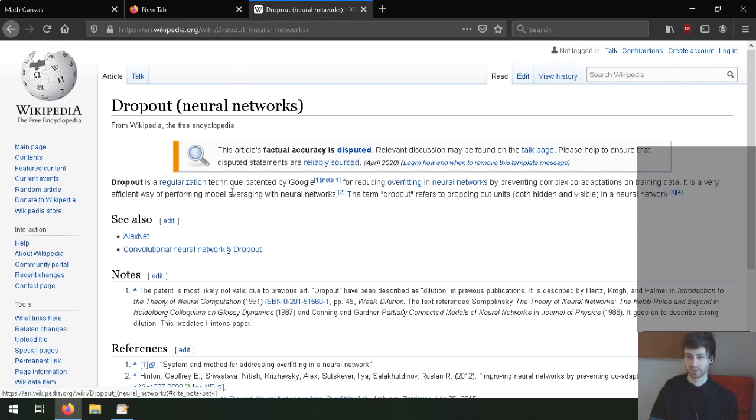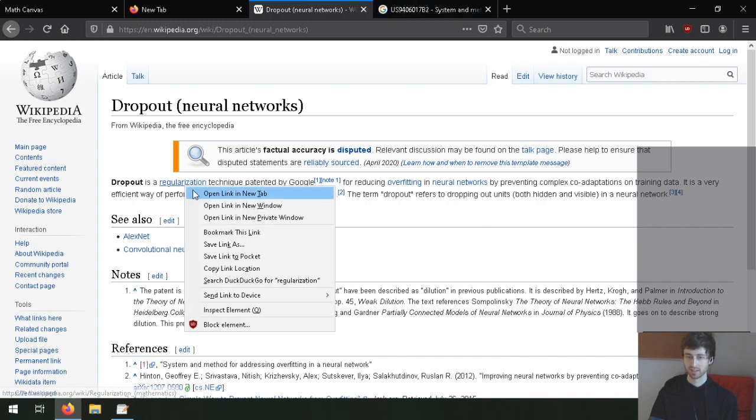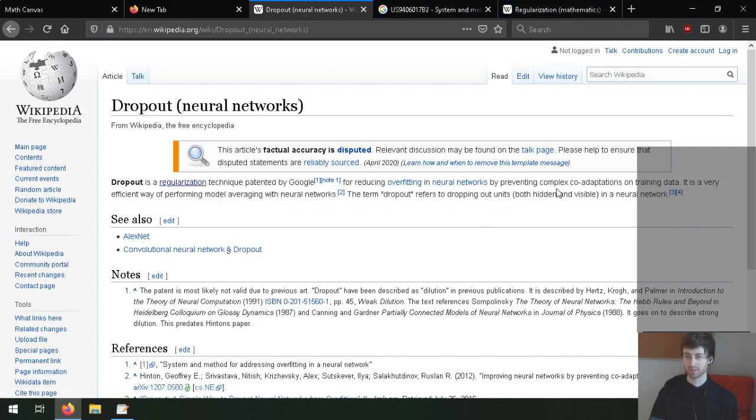Actual accuracy is disputed. Dropout is a regularization technique patented by Google. Are you joking me? Are you joking me? By preventing complex co-adaptations on training data, it is a very efficient way of performing model averaging with neural networks. It refers to dropping out units, both hidden and visible.